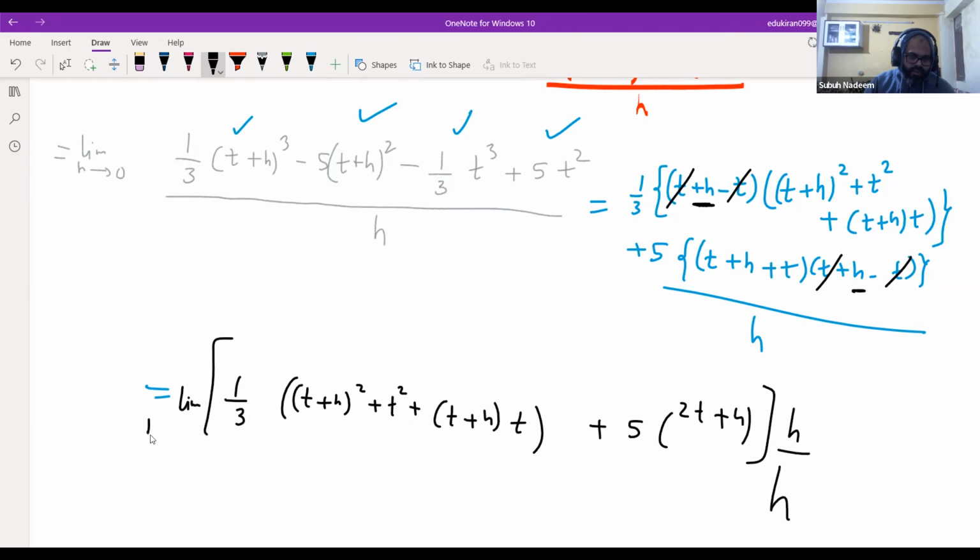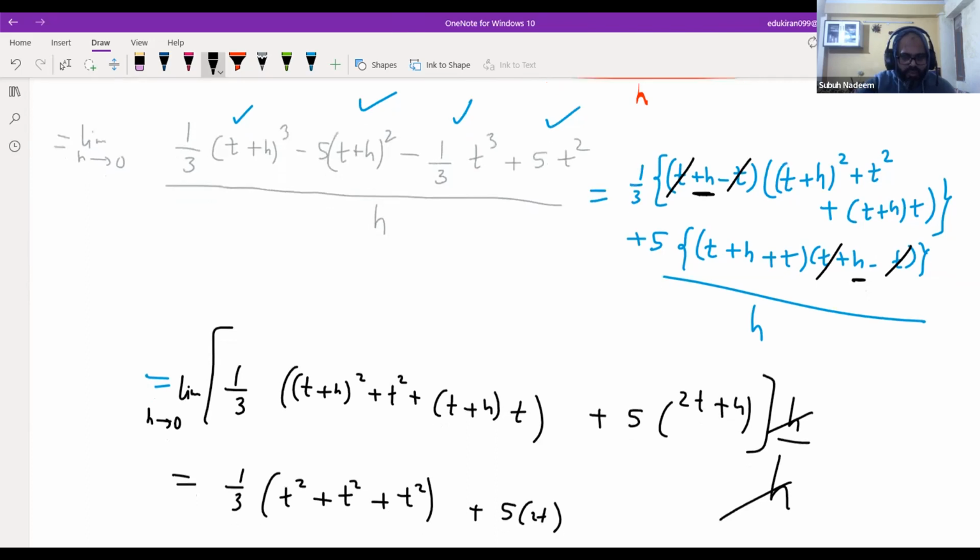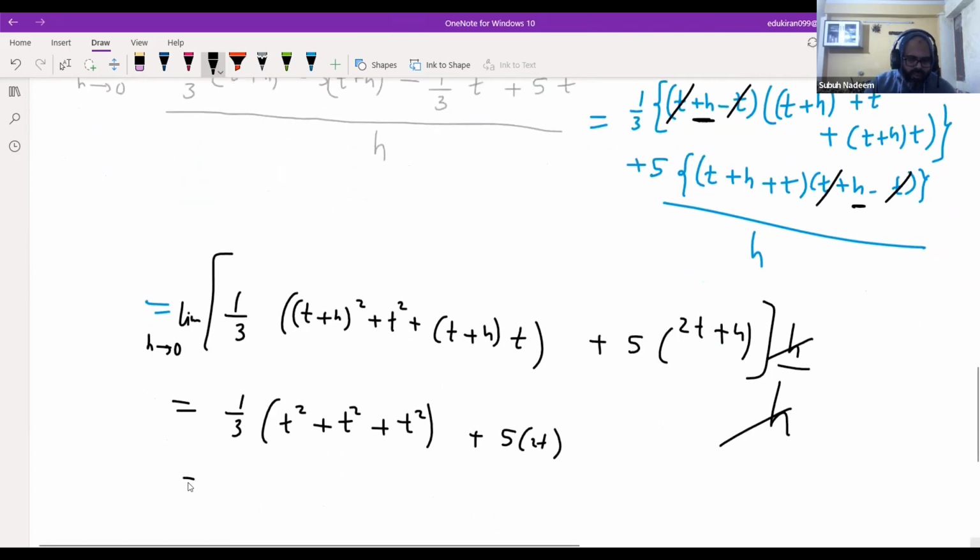Limit h approaching 0. Now you cancel these two h and put h as 0. So 1 by 3, this will be t square as h is 0, plus t square plus t square. This will be 5 into 2t as h is 0. So this will be 3t square by 3 and this will be 10t. So answer will be t square plus 10t.